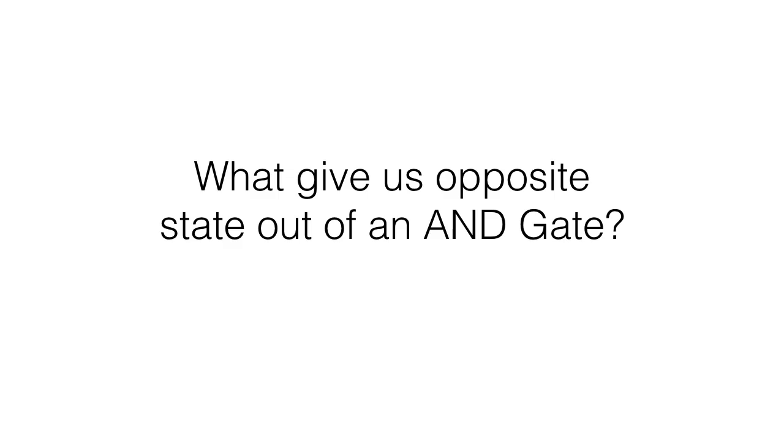Now, I want you to think about this. It's thought time. Ready? What gives us opposite state out of an AND gate? We just saw from the truth tables, it took the output, whatever that output was, and it flipped it, correct? It gave us the opposite state. That's an inverter. What else do we use an inverter for?